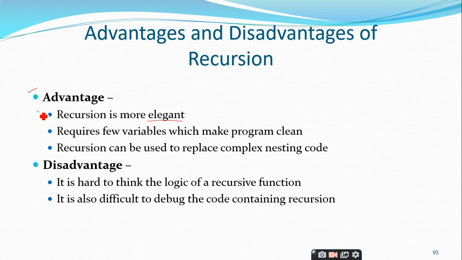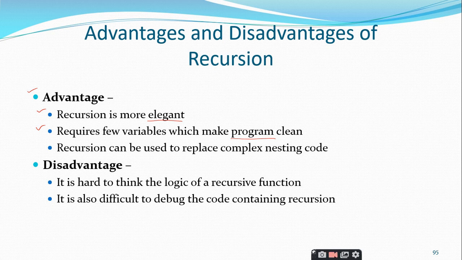And similarly, it requires very few variables, which makes the program clean. If you consider iterations, you need to maintain a lot of variables like counter variables. For one for loop, you will maintain one counter variable like i. For another for loop, you maintain another counter variable like j. For another loop, you need yet another counter variable.